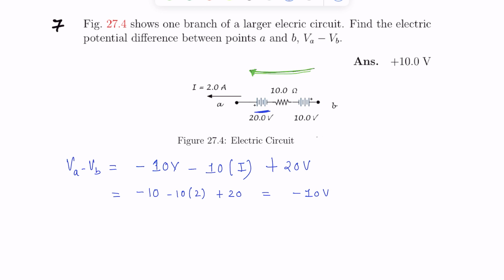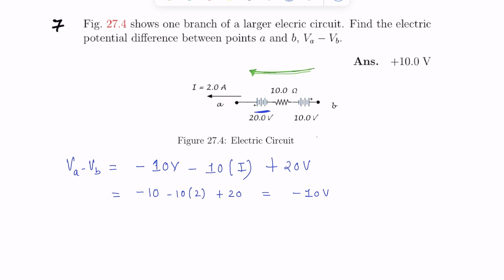VA minus VB should be positive because, all right, using the convention, in the options that you should have, it would not be the case that plus 10 and minus 10 are both given in the problem, because both are acceptable answers here.